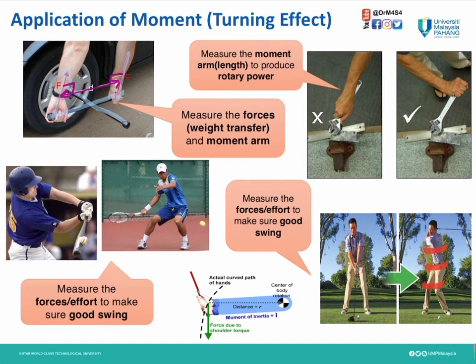Here we can also measure the moment to ensure we can rotate or unscrew these things. If you realize, normally we have a great distance to make it easy to unscrew, compared to this one. Also when someone plays golf, it applies a torque or moment.